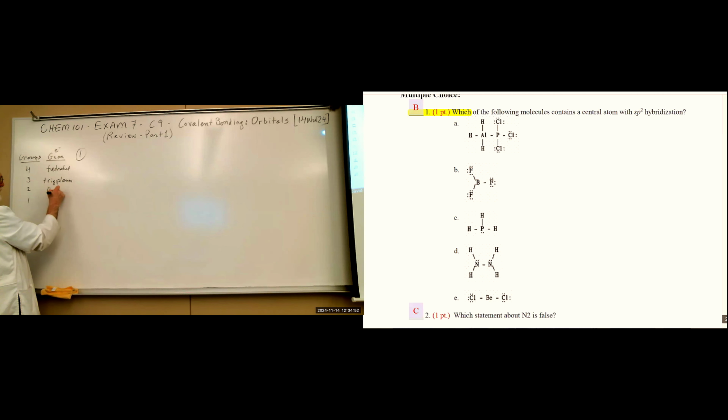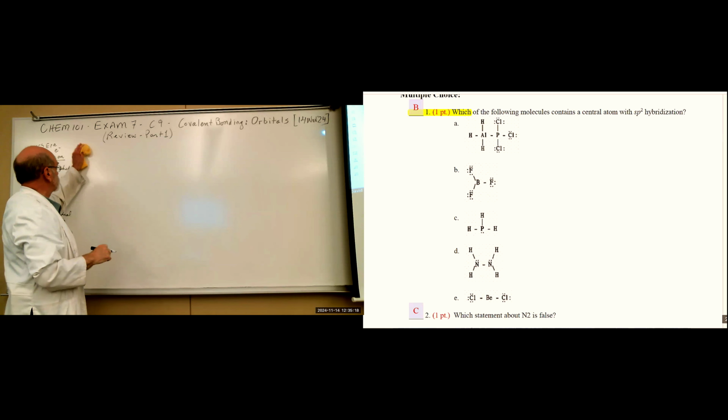This is linear, and this doesn't make any sense. Then with 5 groups, we have trigonal bipyramid, and with 6 we have octahedral. That's what we work from the VSEPR.